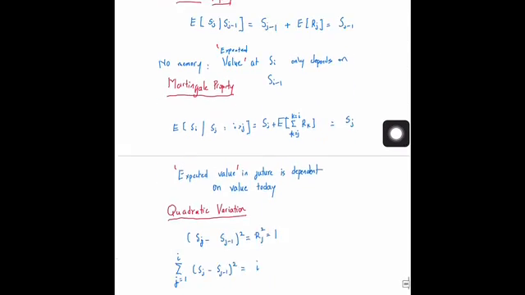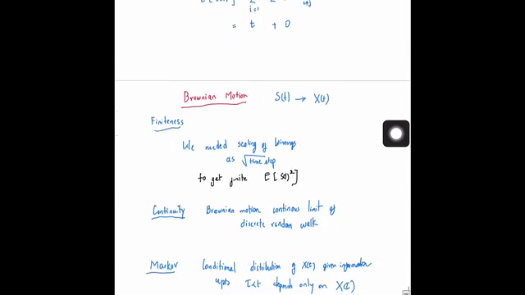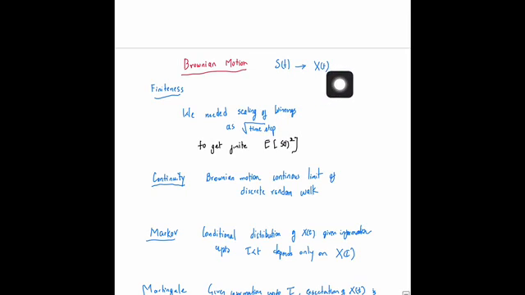The properties of this X, the stochastic component, are, first, that it is finite; that is, the expectation value of S_t squared is finite. It is just dependent upon t, as we have seen above. Then there is the Markov property in the continuous limit.